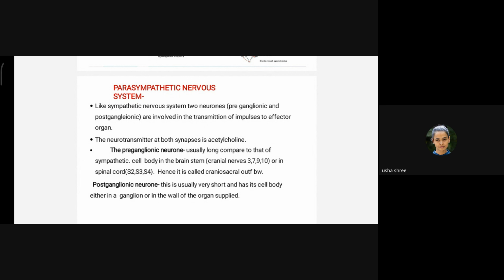Obviously, the same system is present in the parasympathetic type too. The neurotransmitter at both synapses is acetylcholine.